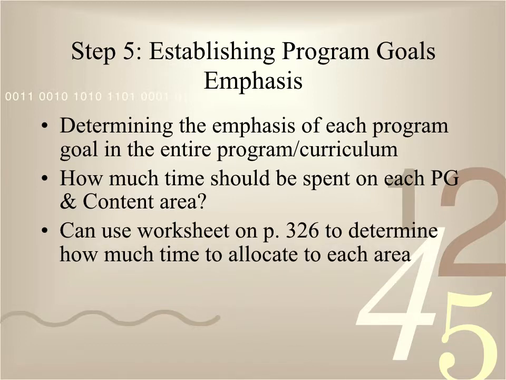So there's a worksheet on page 326, and there's also an example on page 121 in your textbook that talks about how to do this. But basically what you do is you list your content area.